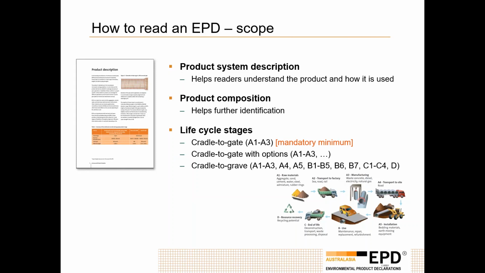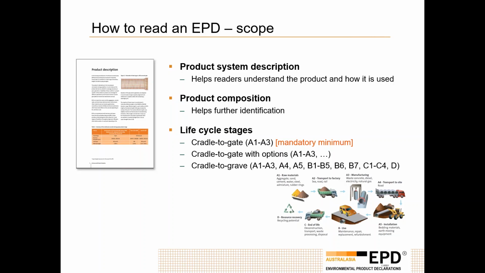The other thing that is probably of interest to you is the actual product system description. So when you look at the scope of what is being covered by the EPD, you want to make sure that you understand which product is actually being reported on and ideally how it is being used. Because there are a lot of products that can be quite similar in appearance, but can have quite different environmental impacts.